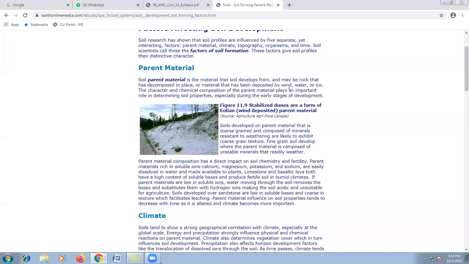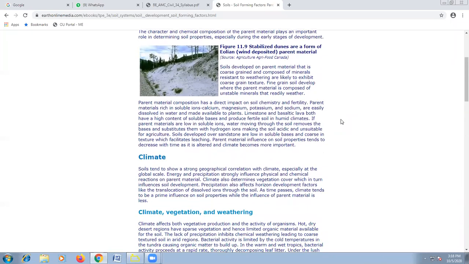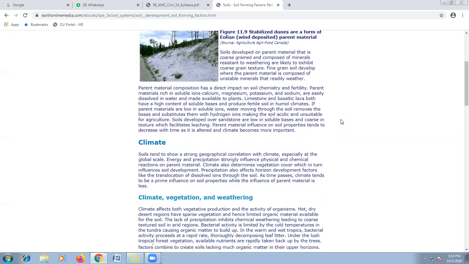It is the material from a rock, or material that has been deposited by wind, water, ice, etc. So the parent rock is a huge factor that affects soil formation.